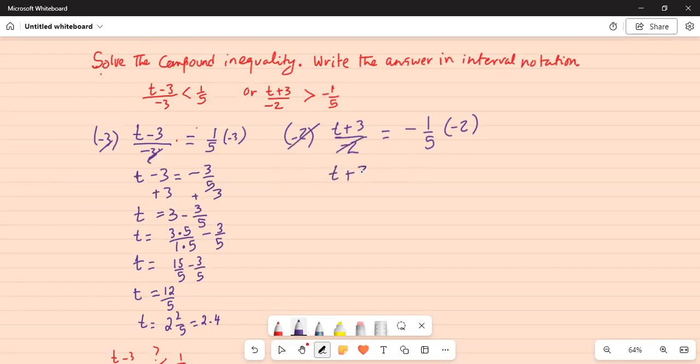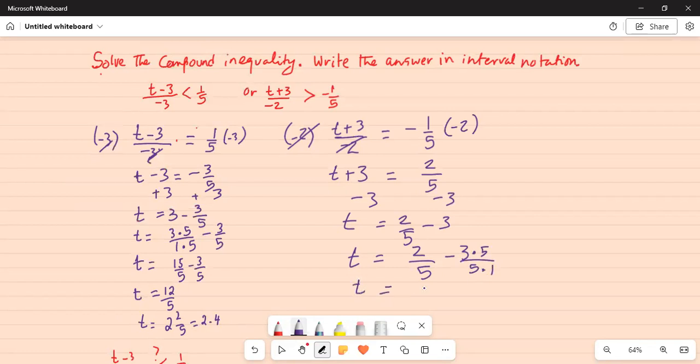So I have t plus 3 equal to, 2 minuses make a plus, 2/5. Then I subtract 3 on both sides. So t is equal to 2/5 minus 3 times 5 divided by 5 times 1, so t is equal to 2/5 minus 15 over 5.